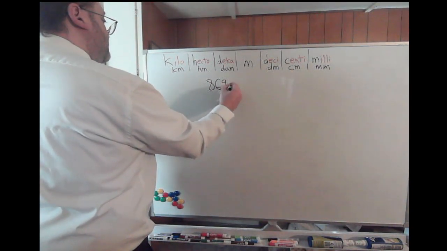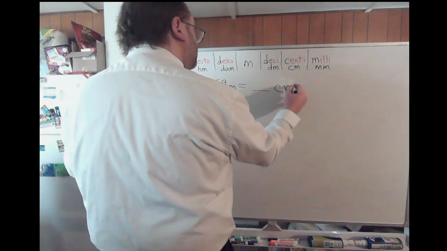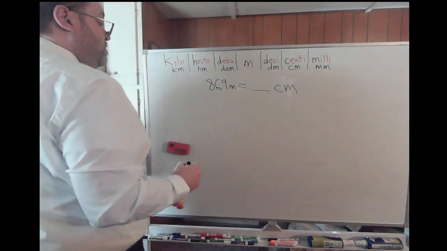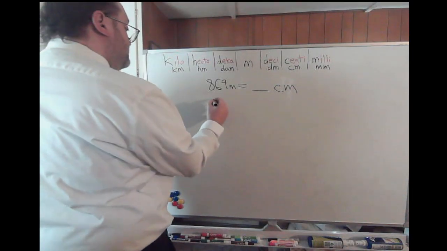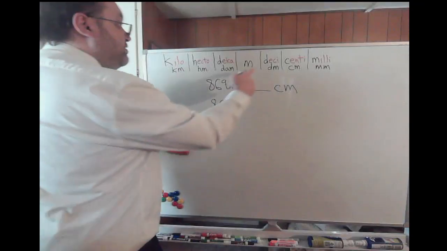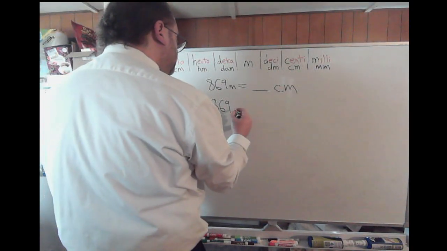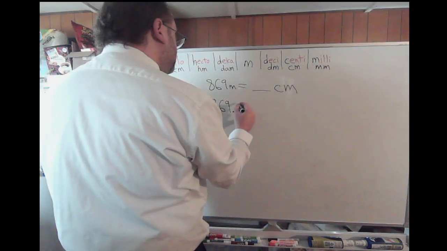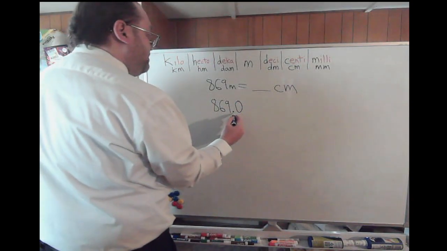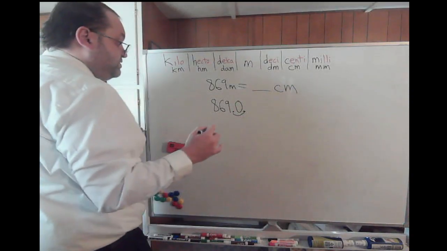We have 869 meters. We want to convert that to centimeters. Okay? So start with your 869. From meters to centimeters, we have to go to the right 2 decimal places. So you have 869.0. We go to the right 1 decimal place, we'll be at decimeters.